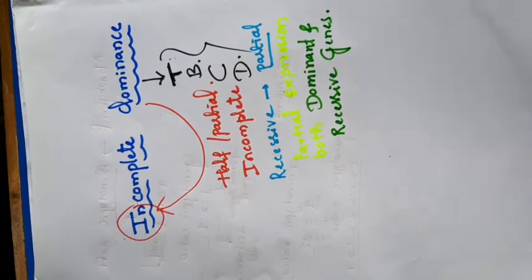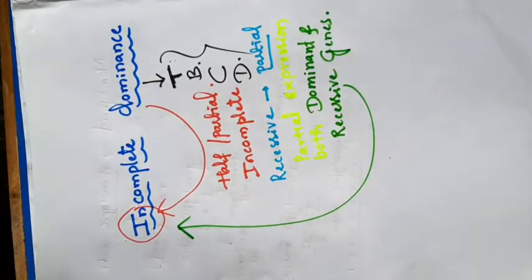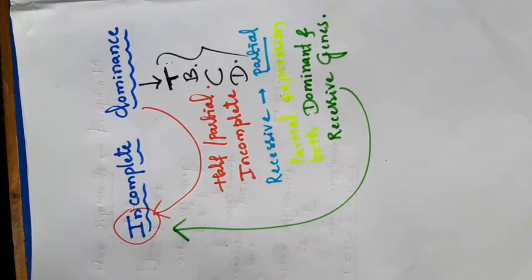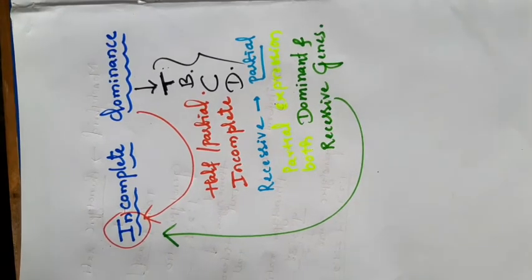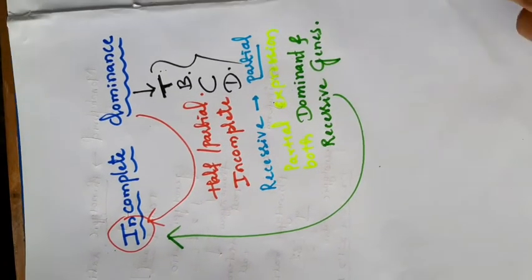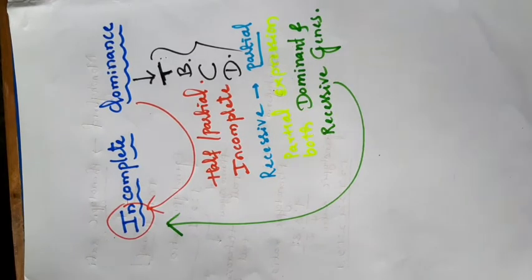Okay, that's why it's known as incomplete dominance. The dominant character does not express completely, it expresses partially. Mendel worked on incomplete dominance also, after the monohybrid and dihybrid crosses. Incomplete dominance is also one example of a monohybrid cross.